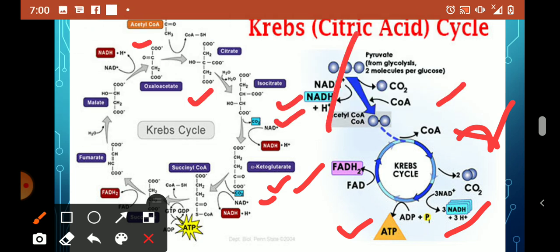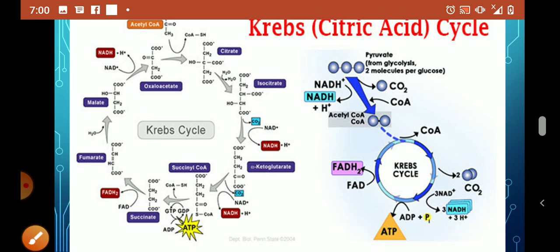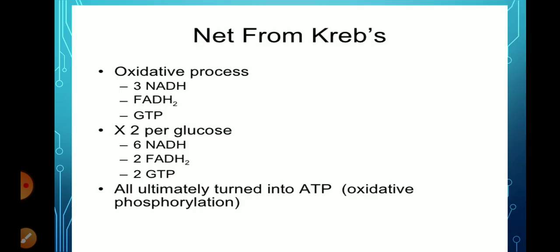And at the end we have the oxaloacetate compound, which again enters the Krebs cycle and accepts acetyl coenzyme A for further reactions.